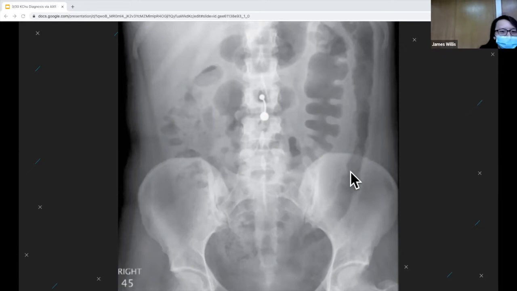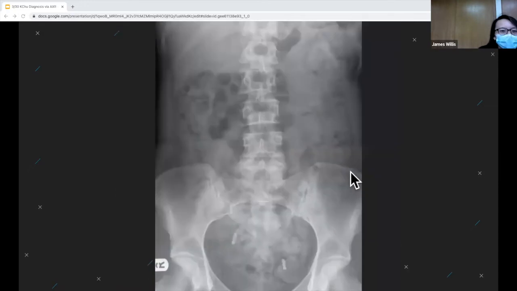So this is general colonic wall inflammatory changes, so in some sort of colitis or something like that. Okay.